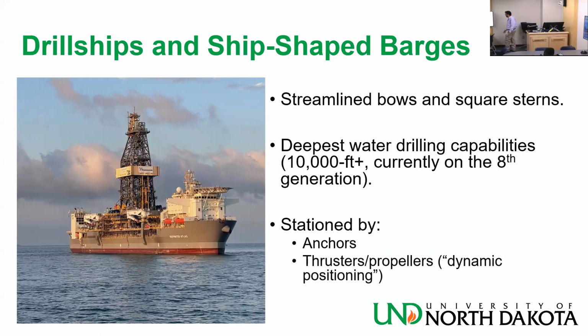Generally speaking, you are going to use this method these days. It's dynamic positioning. You have propellers facing each other, and you apply thrust or variable thrust on each to keep it stationary.